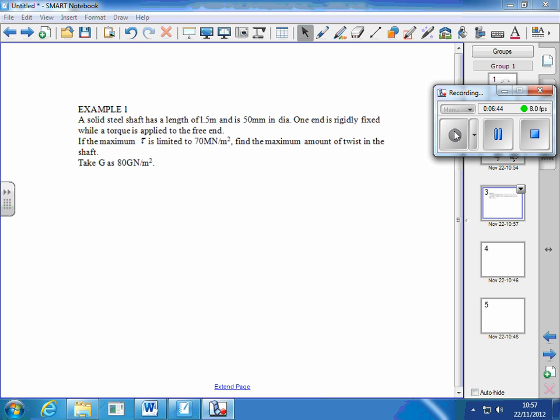Okay. The method is almost exactly the same idea as we use for the bending equation. Probably a good idea to draw it out, put the values on, make sure you're in the base units, and then start thinking about what parts of this equation we're going to use.